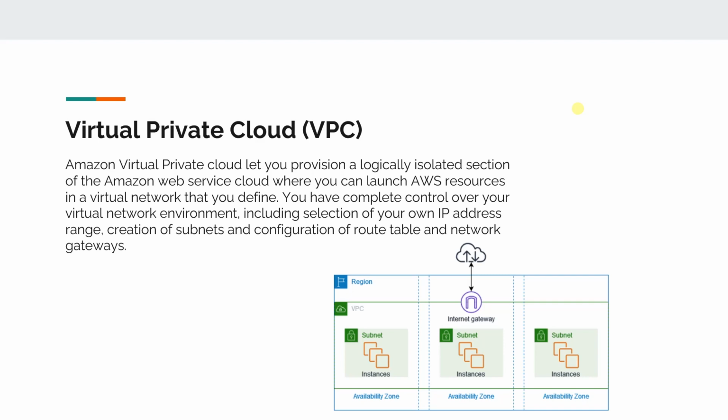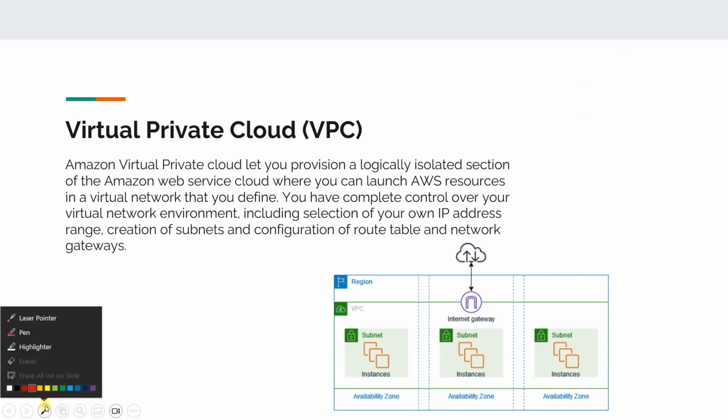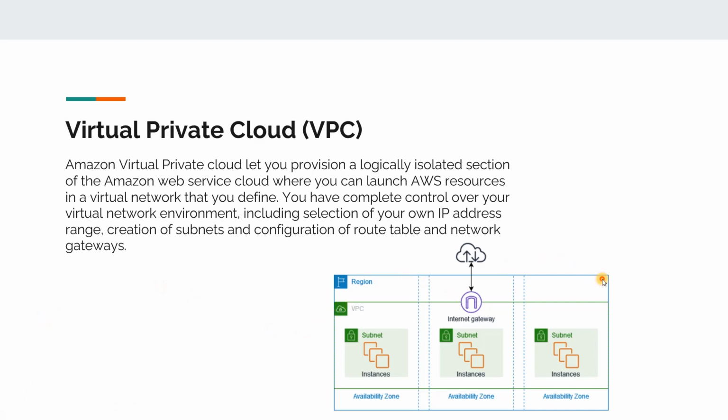With this virtual private network we are going to create, we have complete control over the virtual network environment, including selecting our own IP range and creating subnets, a routing table, and also a NAT gateway. Look at this pictorial diagram before we move into our AWS console to set up a VPC environment.